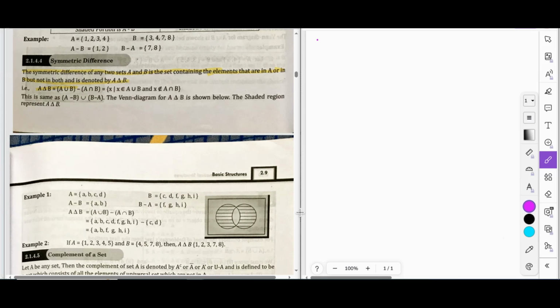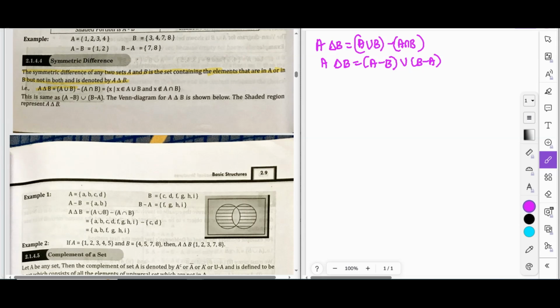A delta B will be A union B minus A intersection B, or the other one, A delta B will be equal to A minus B union B minus A. Both formulas will give you the same answer; only the method is different.